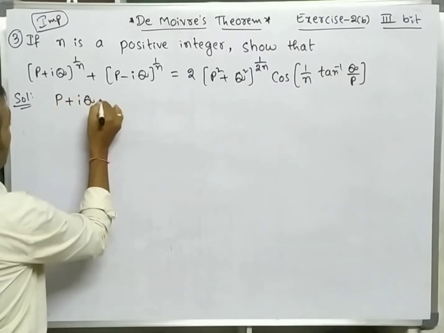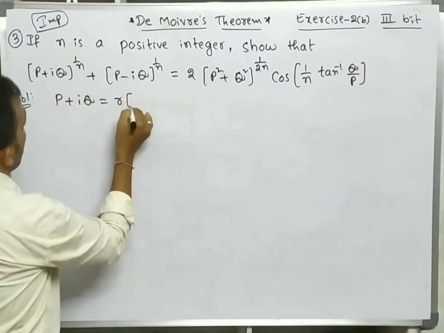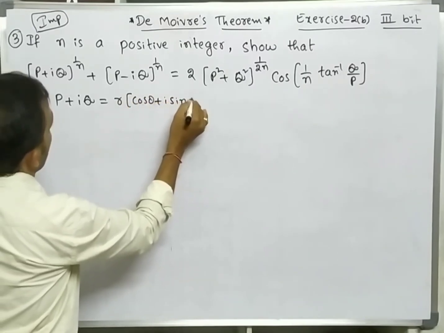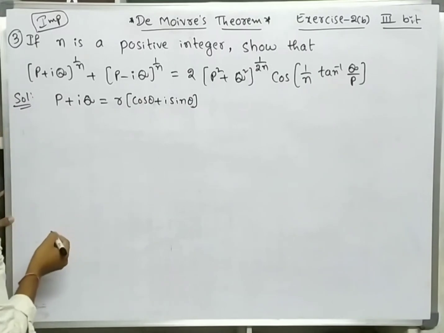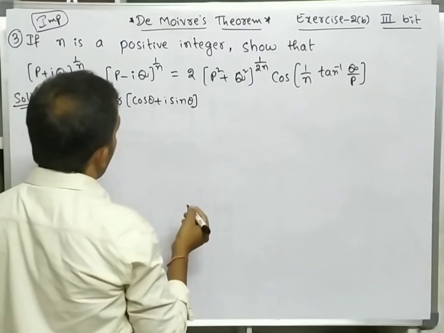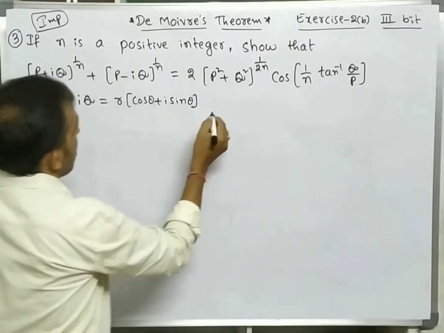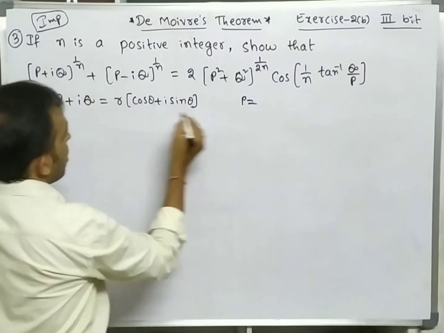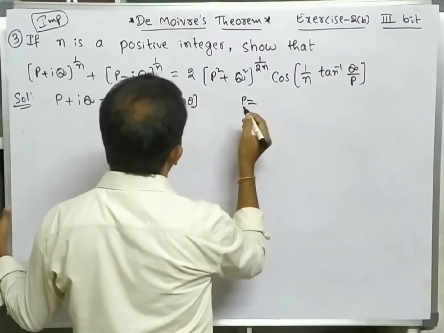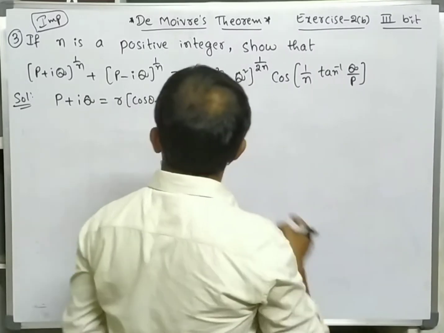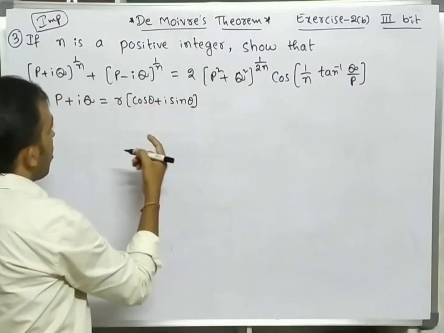Let p plus iq is equal to r into cos theta plus i sin theta. Take it like this. Then here p is equal to r cos theta, q is equal to r sin theta. Here r is the modulus and theta is the argument, right?